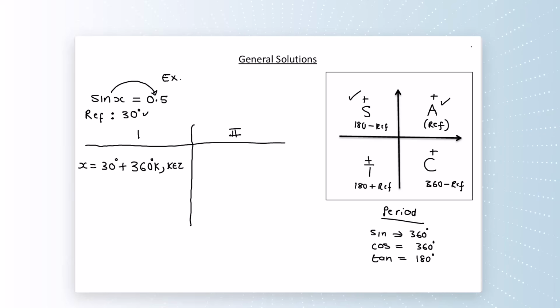The second solution, you're going to say x equals, how do you write the angle in the second quadrant? Yes, we say 180. This is the one I'm using. 180 minus the reference. What is the reference? It's 30 degrees there. So we're going to say 30 again plus the period.